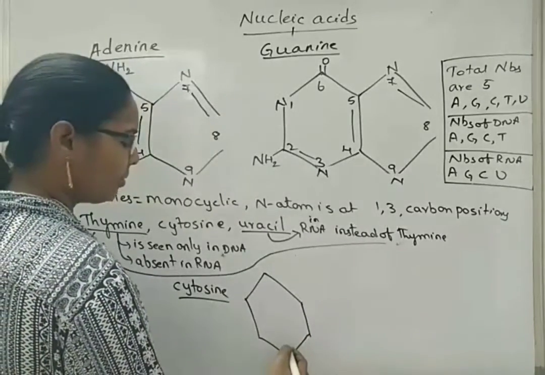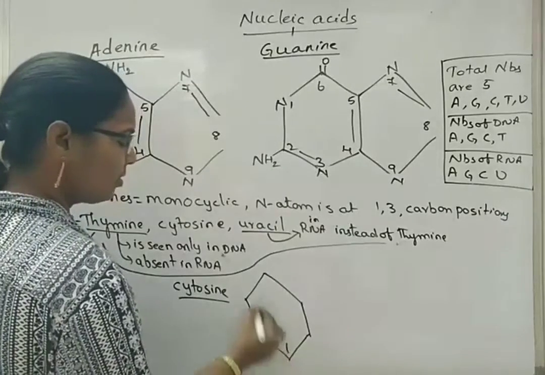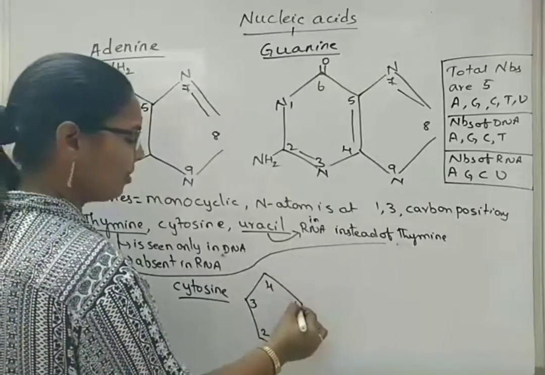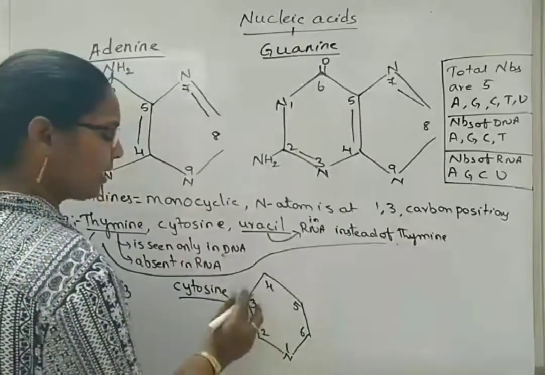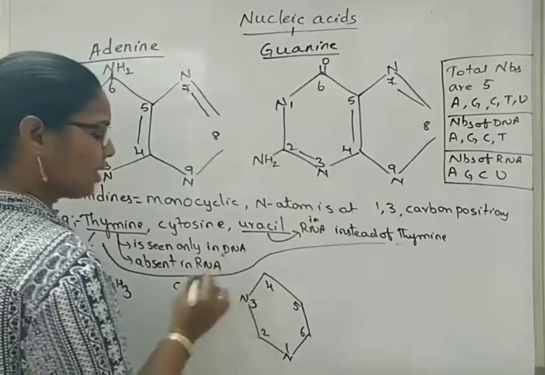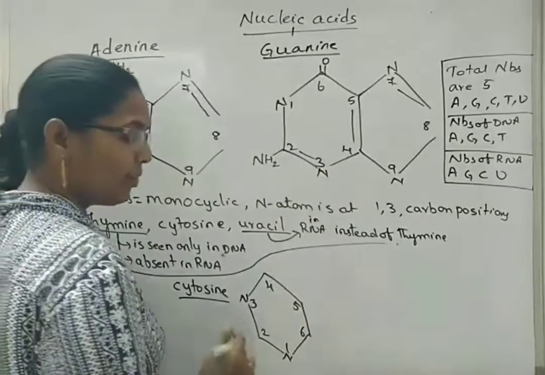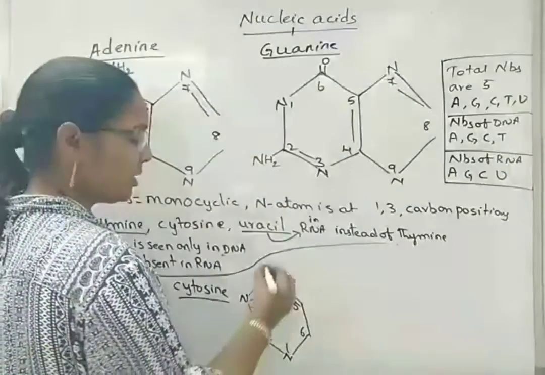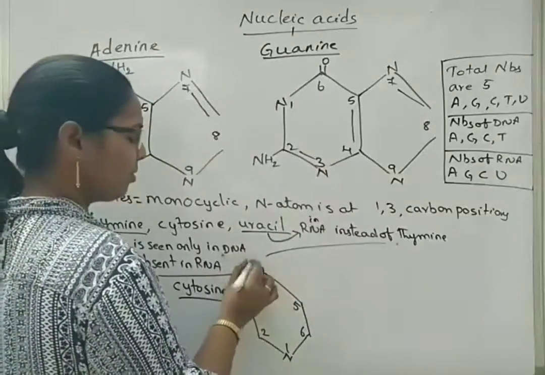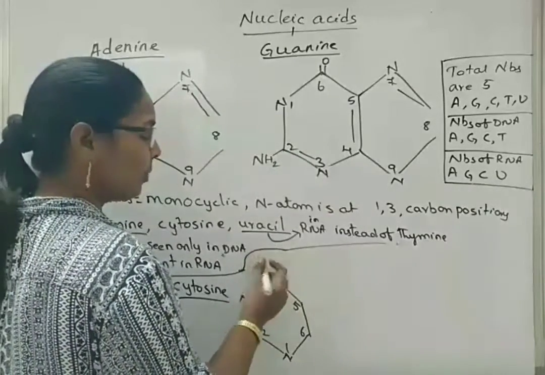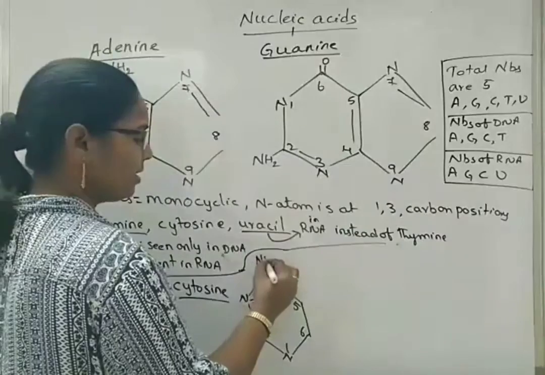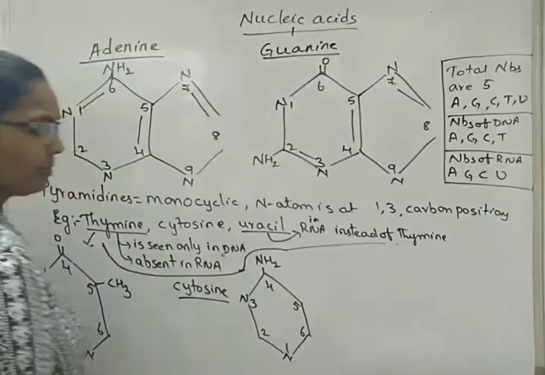I am giving carbon numbering as 1, 2, 3, 4, 5 and 6. At first carbon there is nitrogen. Third carbon position there is nitrogen. At fourth carbon, in case of cytosine, there is an amino group like that of adenine. But adenine is having the amino group at sixth position. That is NH2 it is having.